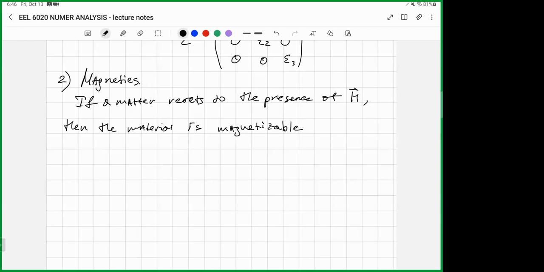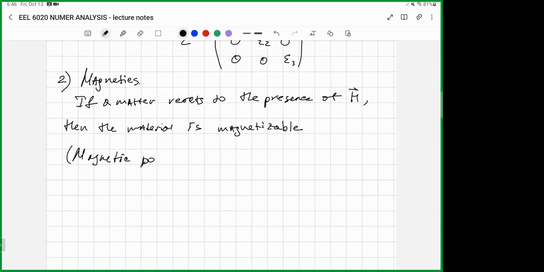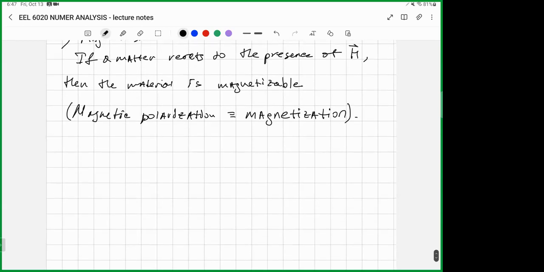And we're talking about magnetic polarization, also known as magnetization. So how do we describe this process of magnetization?